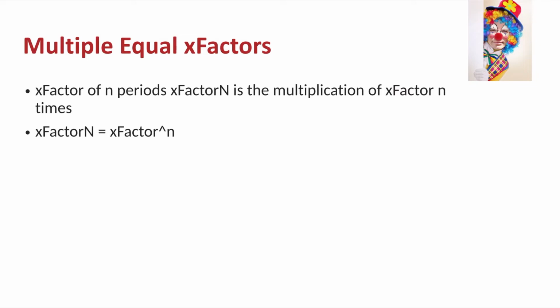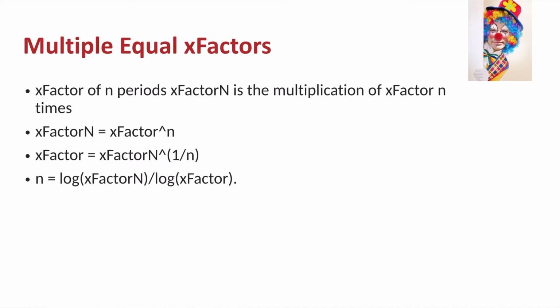And this is nothing else than if you put the X factor to the power of n, the number of periods. Yes, and if I have the x factor n and the number of periods n, and I want to have the x factor, then you see this equation.